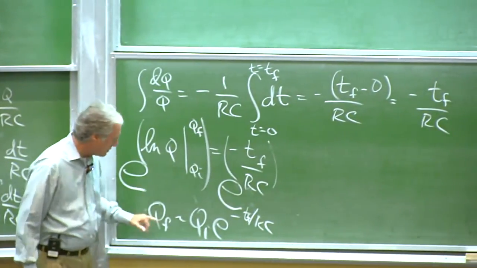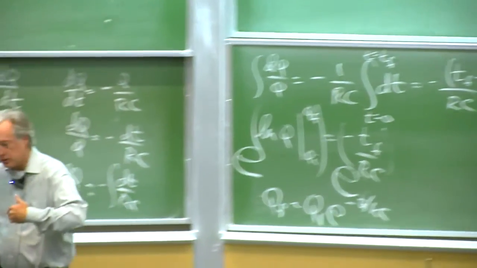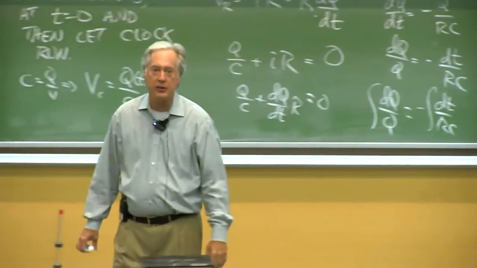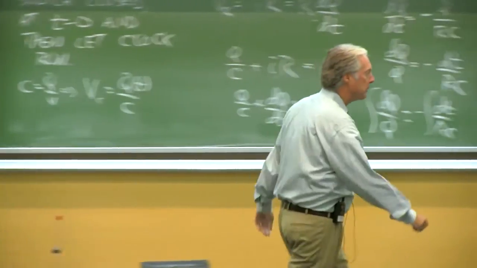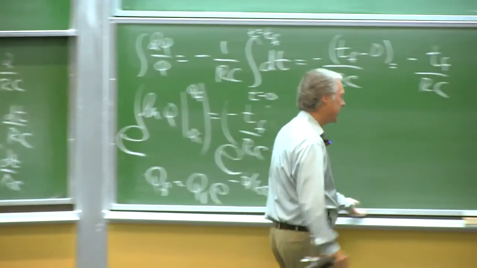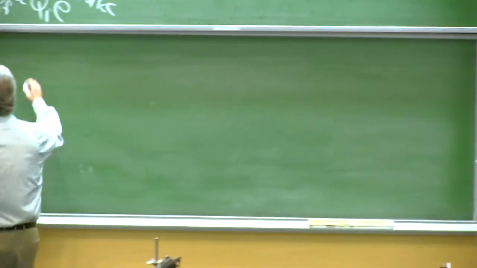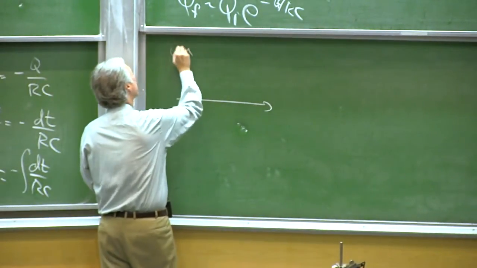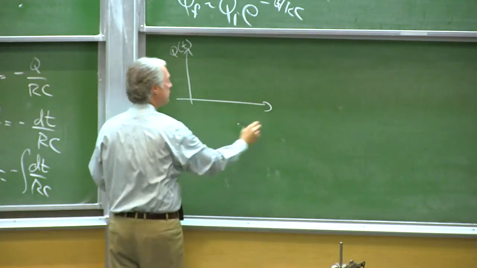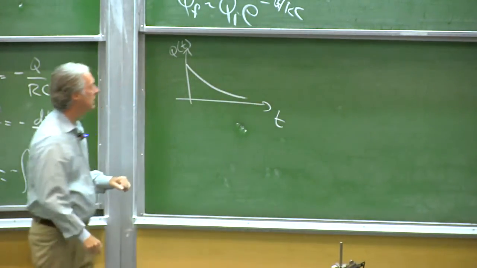Okay, so what this is saying is that the charge diminishes as the charge flows out of the capacitor. The charge diminishes at an exponentially decreasing rate. Let's take a look at that. So that says Q as a function of t versus t starts out and goes like this.